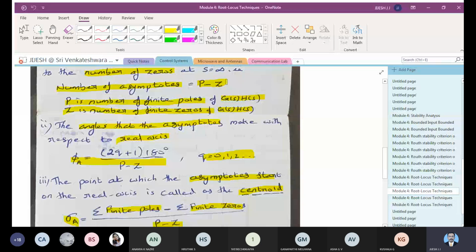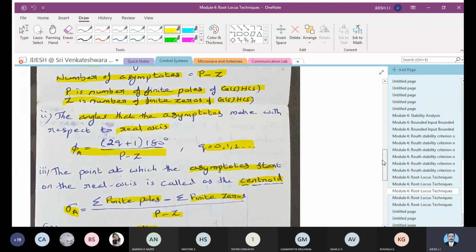If you got P minus Z as 2, you need to find q is equal to 0 and 1 also. Both cases you need to find. 3 means you have to find the values of q as 0, 1 and 2. So this is what we have seen.